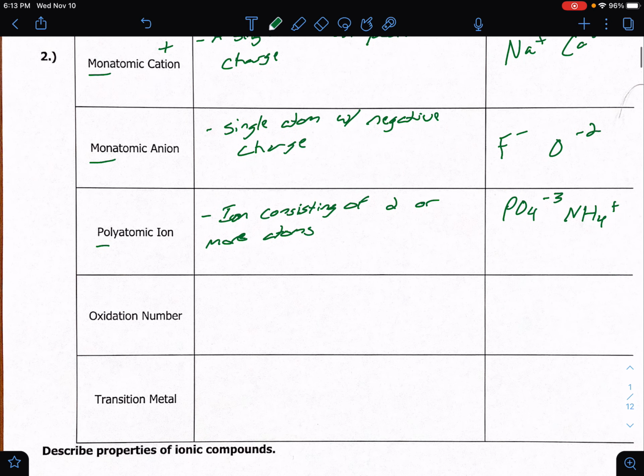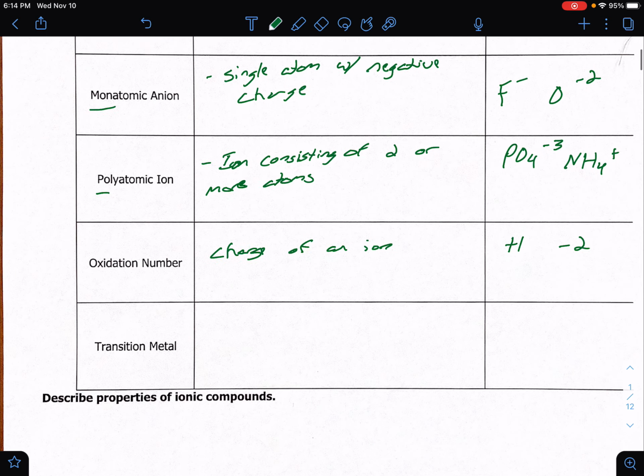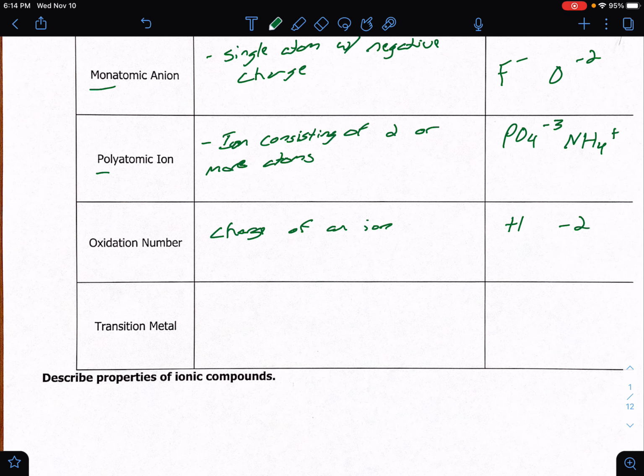Now, oxidation number is simply the charge of an ion. So charge amount, something like a +1 or a -2, whatever the charge is. Your transition metals are that main middle group on your periodic table, the D block.